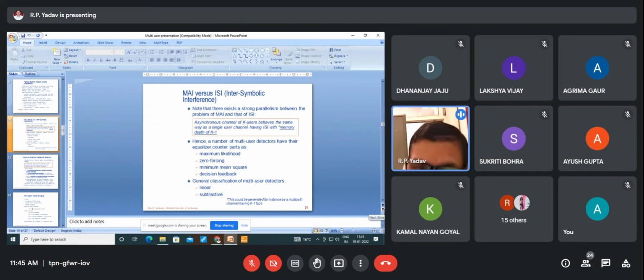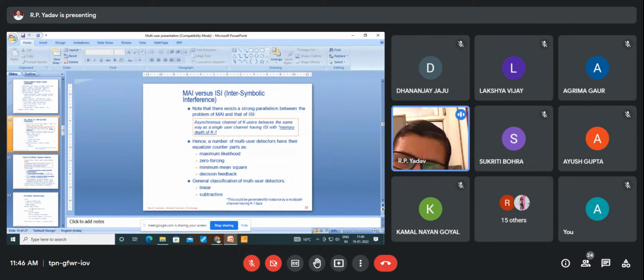Again, multiple access interference versus ISI, inter-symbol interference. Note that there exists a strong parallelism between the problem of MAI and that of ISI. It's the same thing: in ISI one bit overlaps with another bit, and here this problem also leads to interference. An asynchronous channel of k users behaves the same way as a single-user channel having ISI with a memory depth of k minus 1.